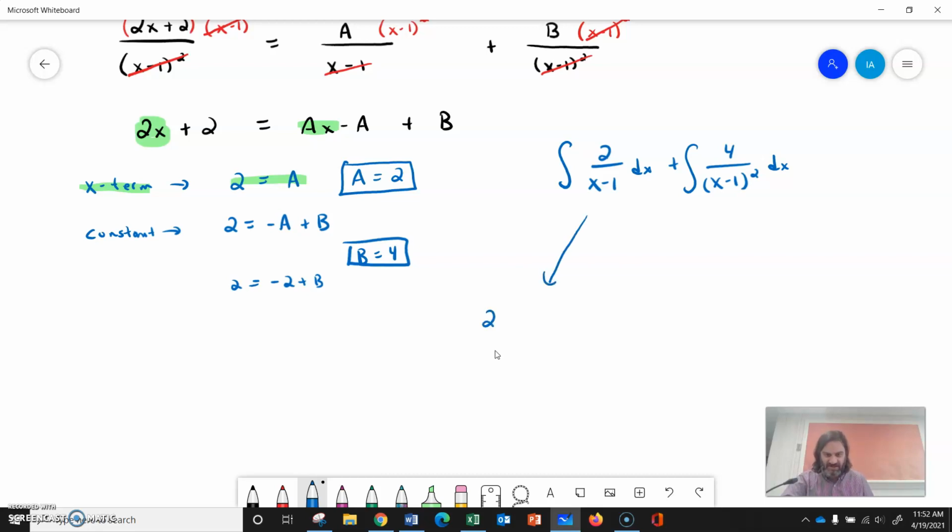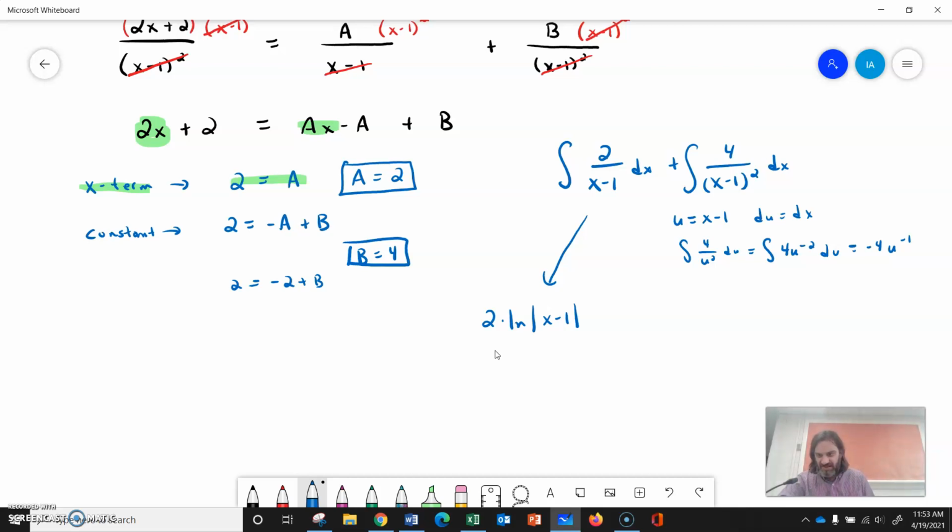The first one is a natural log, so it just gives me 2 times the natural log of x minus 1. The second one, the 4 over x minus 1 squared, is a u substitution. Might be better to write it out. u equals x minus 1, du equals dx. So then we're integrating 4 over u squared du, which is the same as integrating 4 times u to the negative 2. So that would be u to the negative 1 times negative 4.